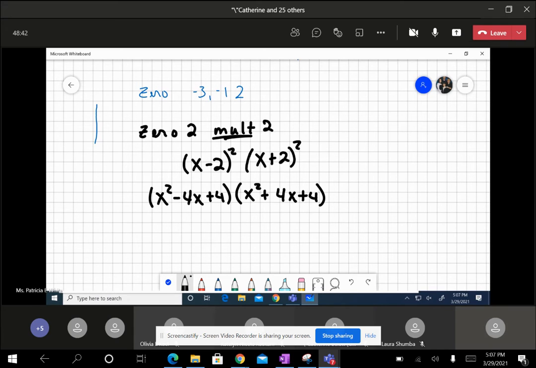What's the maximum number of turning points? 3, right? Because the degree of this polynomial is going to be, so the turning points are the degree minus 1.